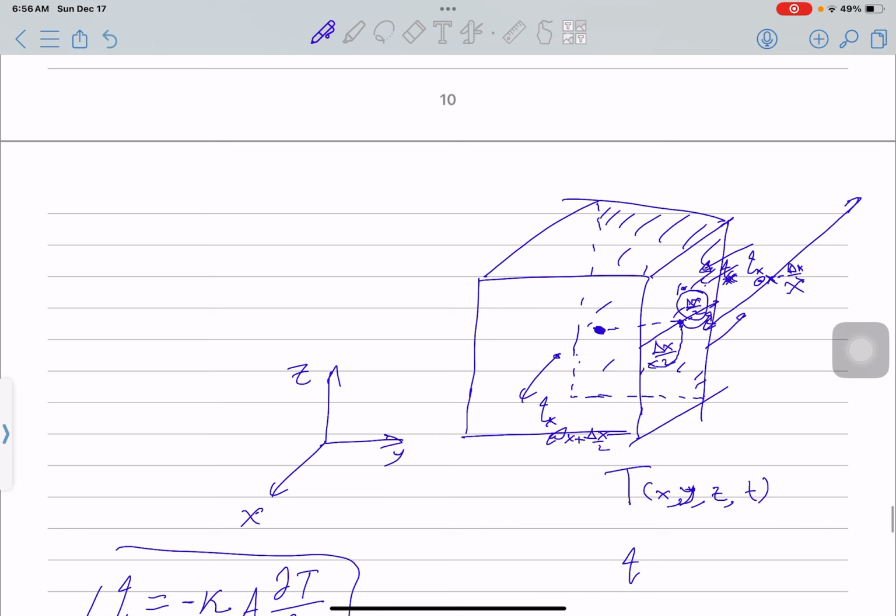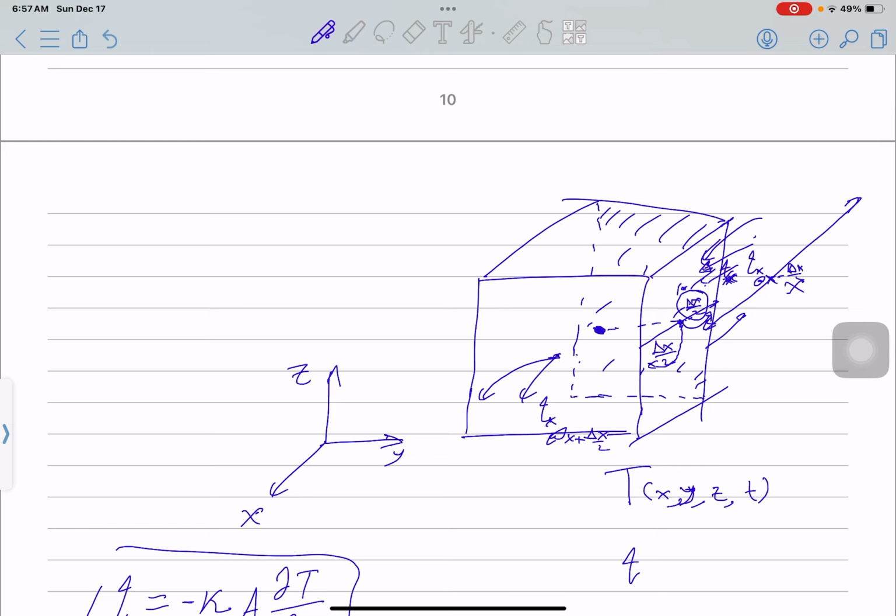We can see that Qx at x minus delta x over 2 is going into the object. It is heat that is added to the object, while Qx at x plus delta x over 2 is q out of the object. We do this because we know that Qx is in the direction of positive x, and the law will affect whether it is positive or negative.